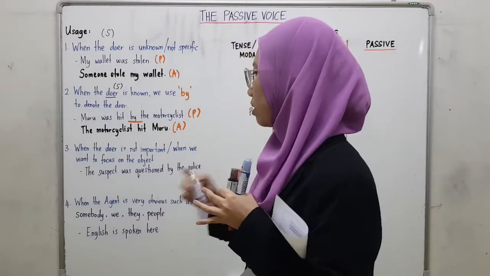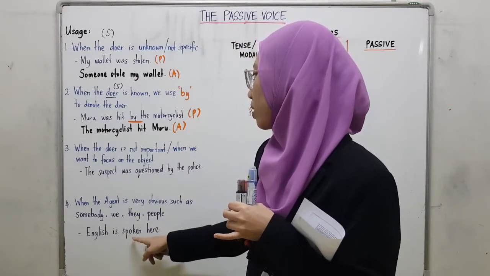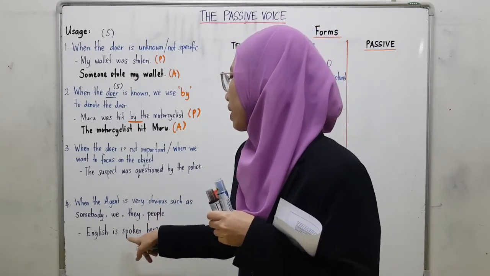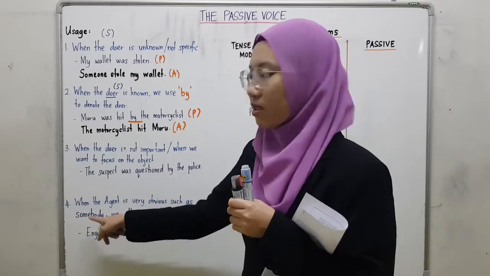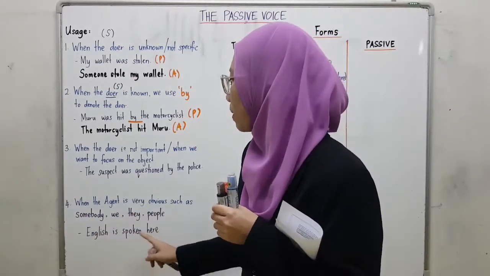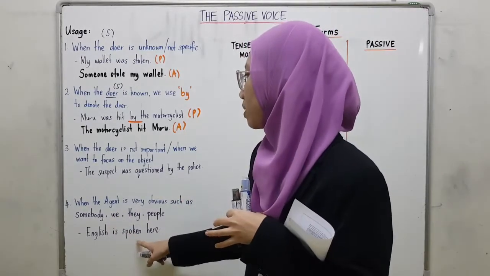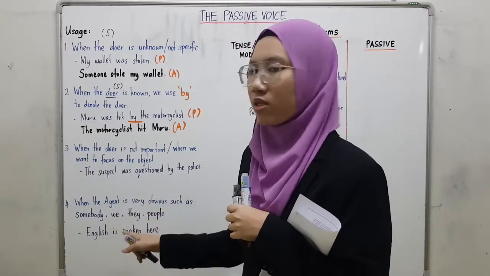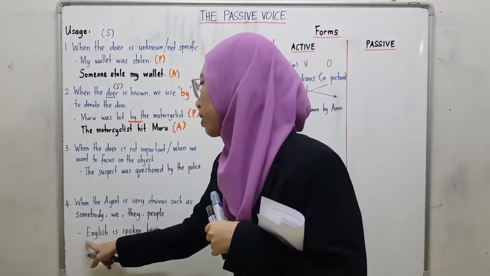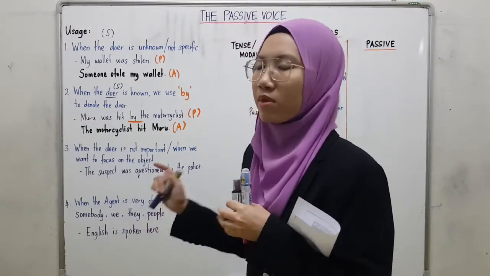So, spoken by whom? Kita tahu lah, obviously, English is spoken by the people. Or people here speak English. So, kita tak perlu nak tulis apa dia punya agent. So, kita faham, in this context, spoken by people.